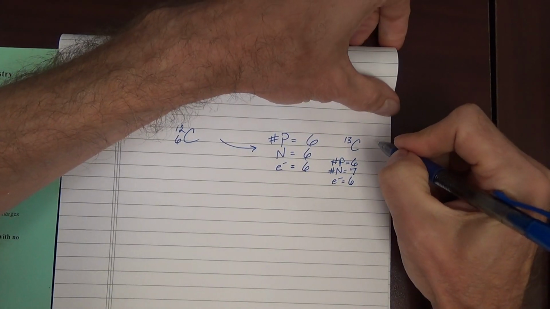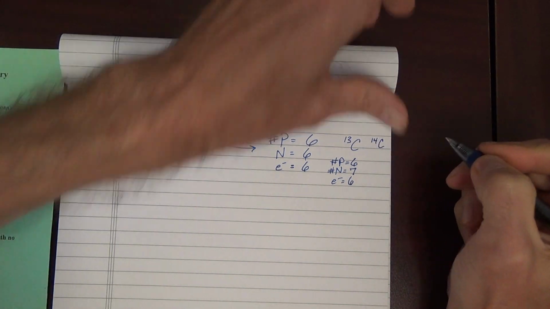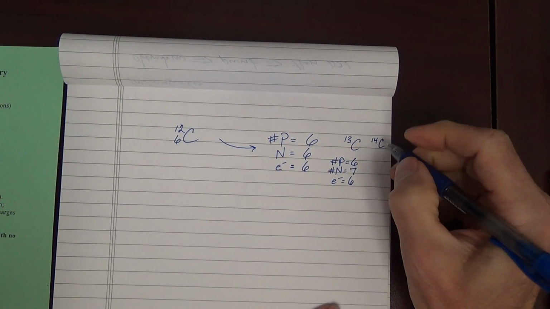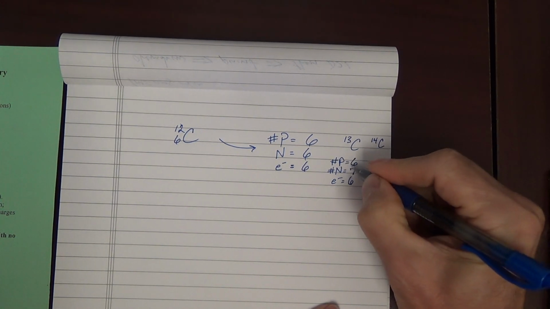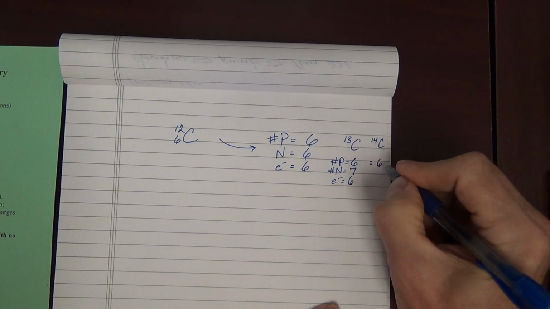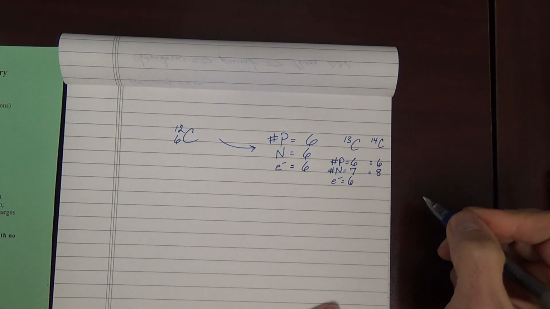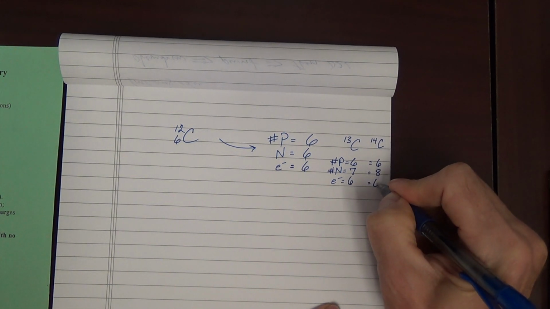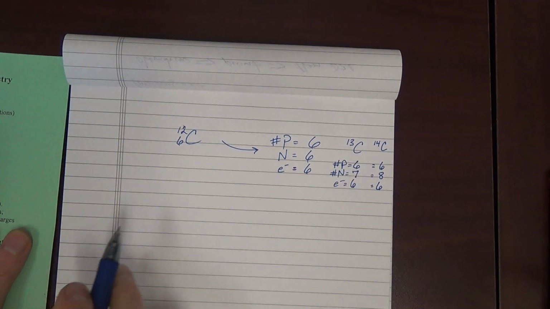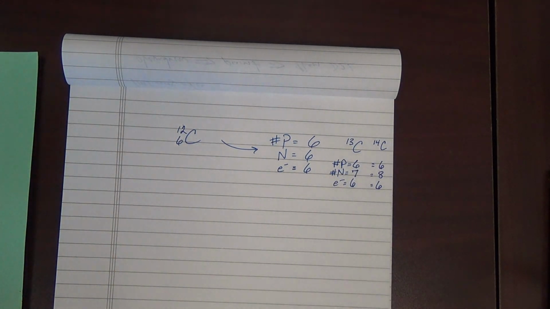We also could have another isotope of carbon, carbon 14, C14, and of course it's carbon, so protons is 6, but neutrons would be 8, because 8 and 6 needs to equal 14, and then of course if it's neutral, then electrons would equal 6. Three isotopes of carbon, they only vary by number of neutrons. Again, electrons can vary if we start dealing with ions.